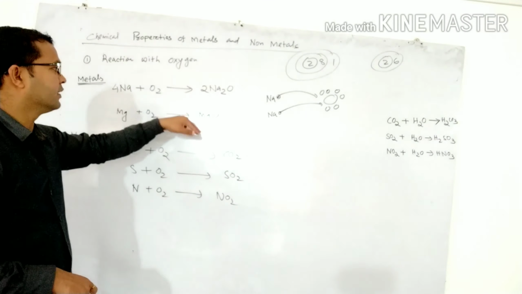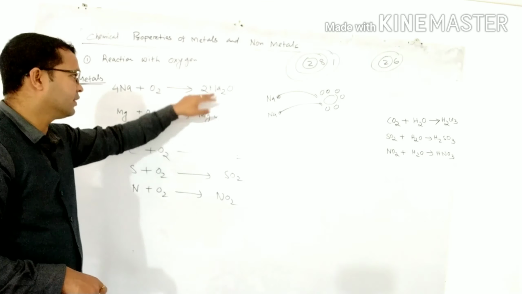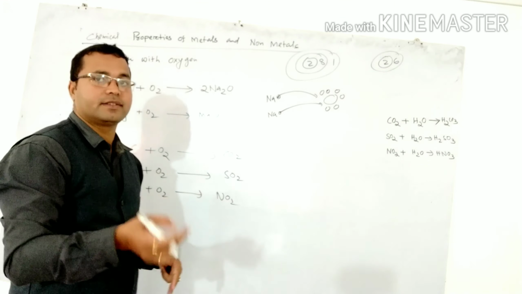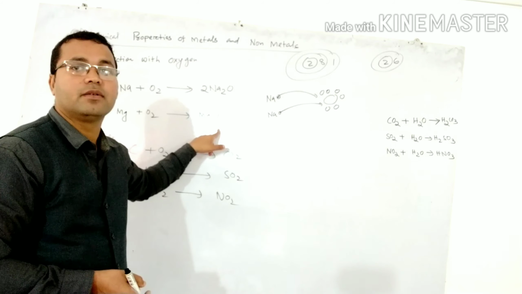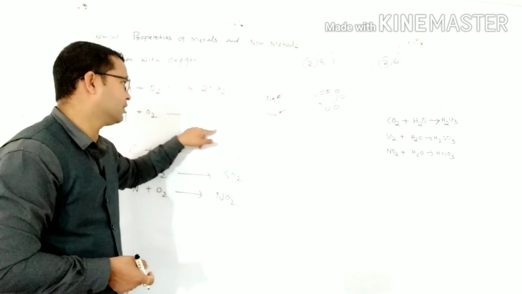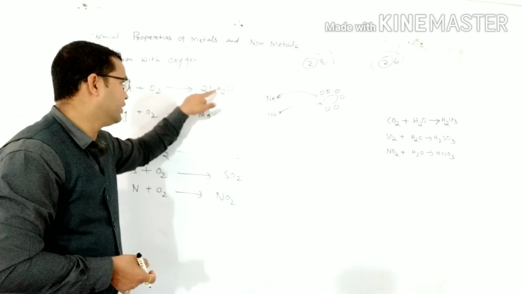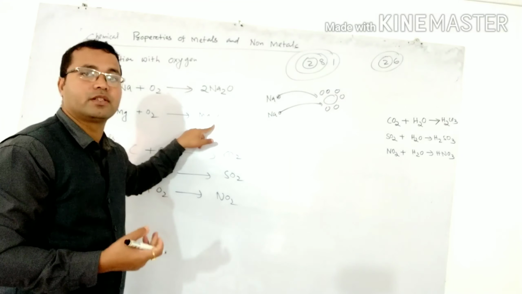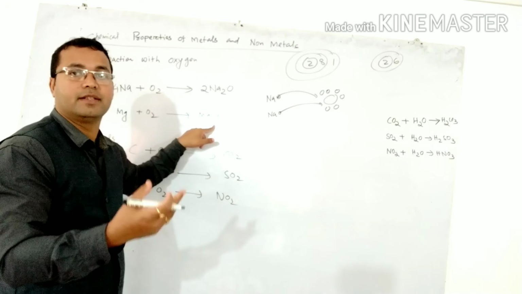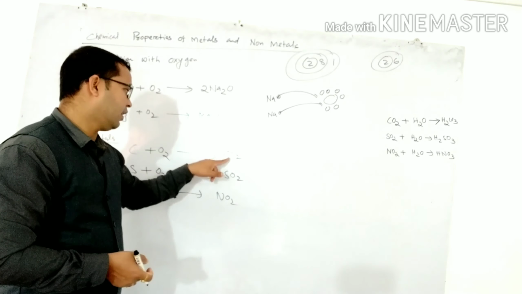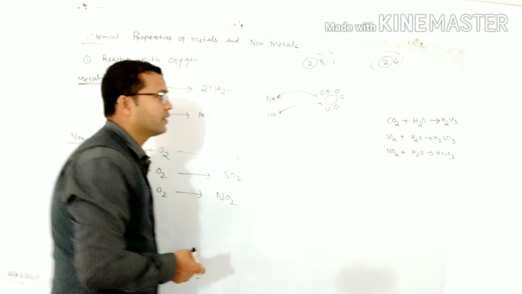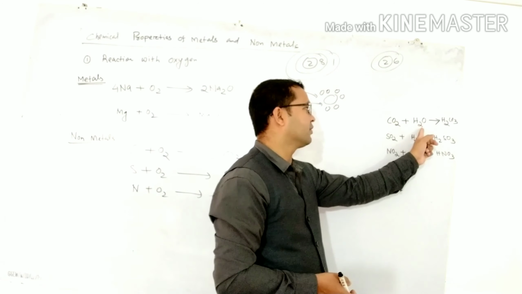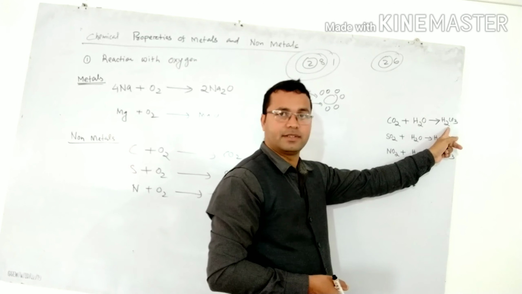These are metallic oxides. Remember, you will get details in higher studies. Metallic oxides generally have basic nature. If they are put in water, they will produce base, alkali. And when non-metallic oxides are put in water, they will produce acid. For example, carbon dioxide reacts with water and produces carbonic acid.